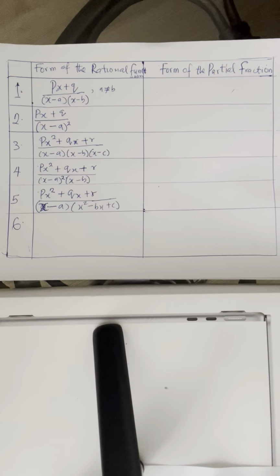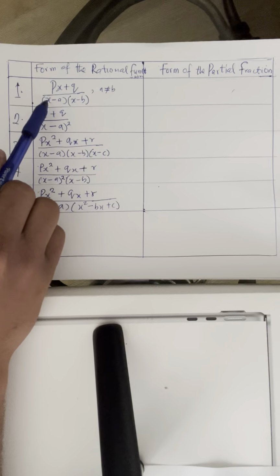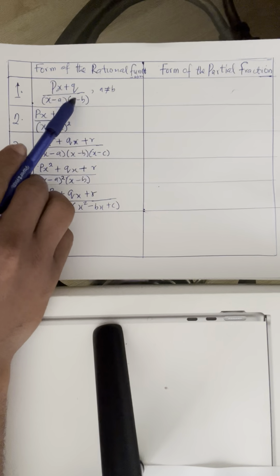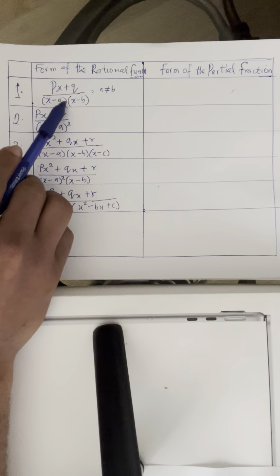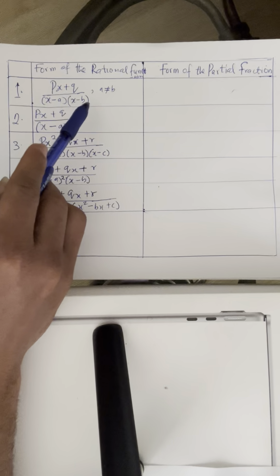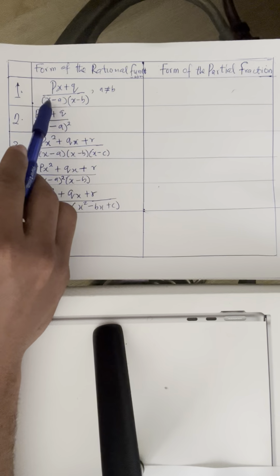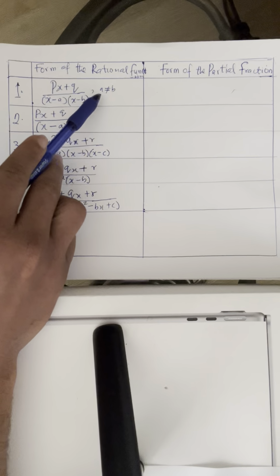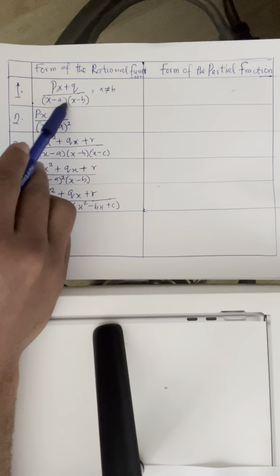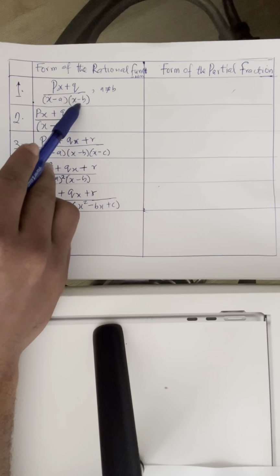Okay, so if you have a partial fraction that has a linear denominator, or a quadratic function that can be factorized, when you factorize it and you get x minus a and x minus b such that a is not equal to b, that will mean you have 2 distinct linear roots.